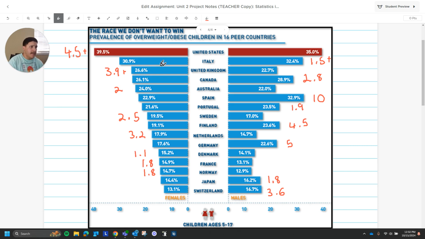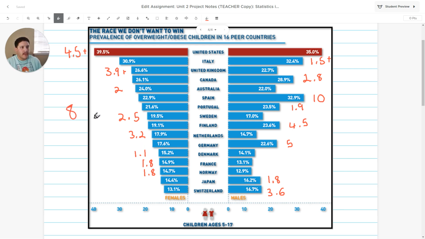So after figuring out the differences between the countries, I can then analyze a little bit more about what's going on. I could tell more about what's happening specifically between males and females. So if I count out the amount of countries that have more overweight females than males, I count 1, 2, 3, 4, 5, 6, 7, 8.